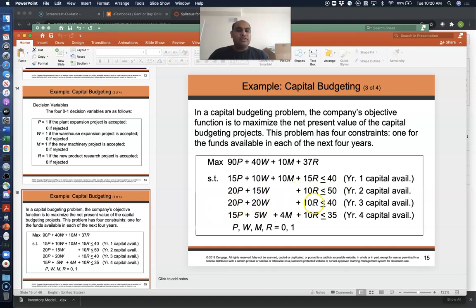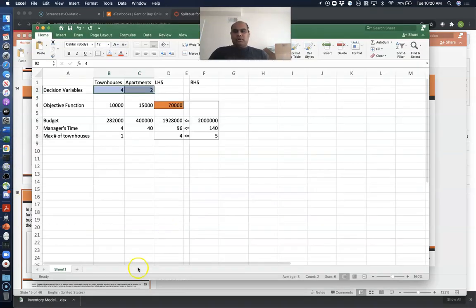For year 3, 20,000 for plant, 20,000 for warehouse, 10,000 for research, less than the 40,000 available. For year 4, 15,000 for plant expansion, 5,000 for warehouse expansion, 4,000 for the machinery, and 10,000 for research. It has to be less than the 35,000 that's available, right? So let's put this into the solver and solve it.